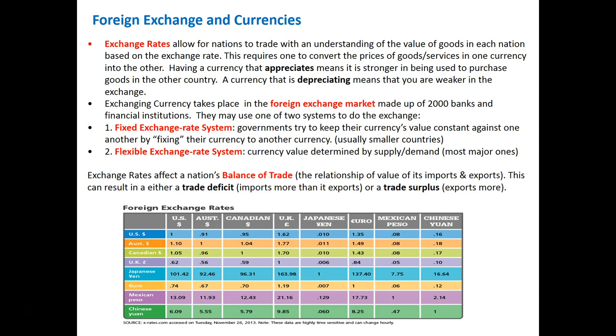Now, the larger nations and usually the more developed nations are going to use what's called a flexible exchange rate system. That means it can change daily. These currencies are traded on the open market, sort of like stocks. So there is some up and down to it, but there is a pretty consistent flexibility, I would say, with the flexible exchange rate.